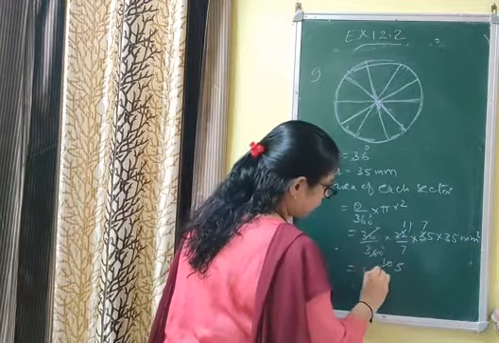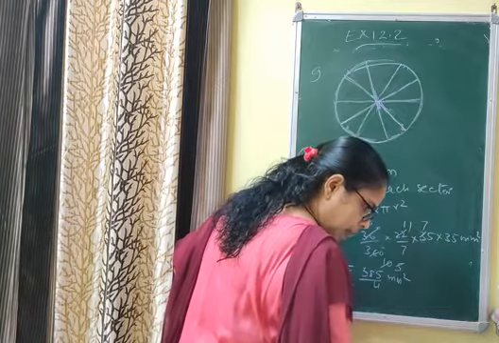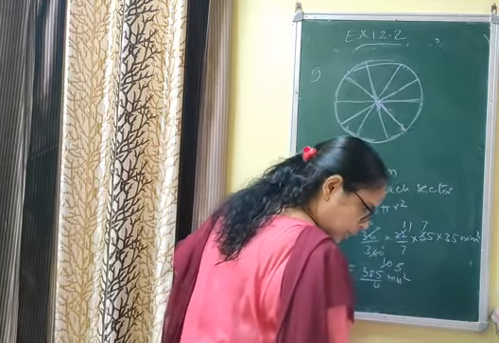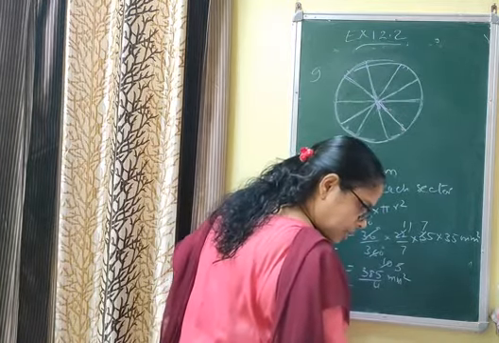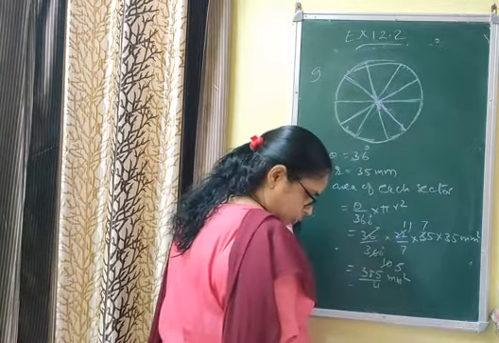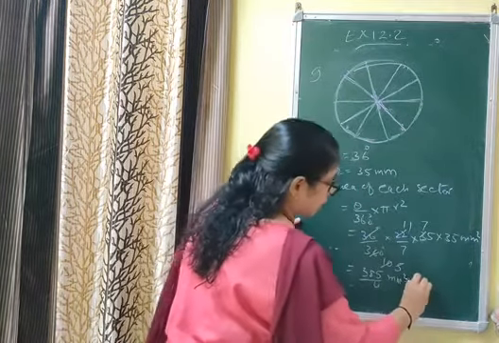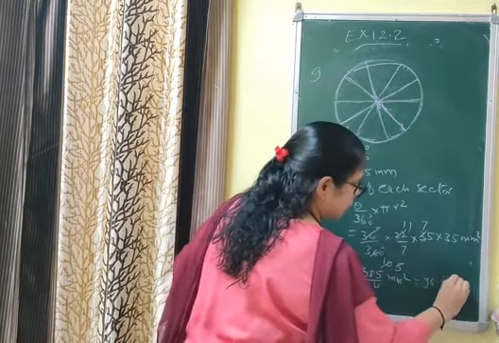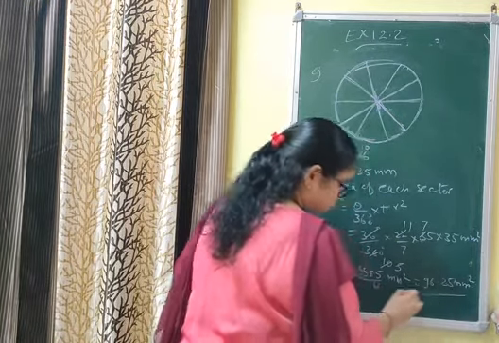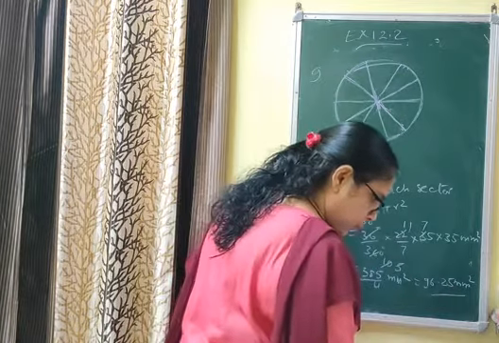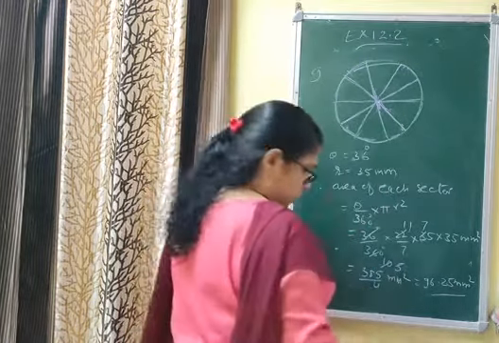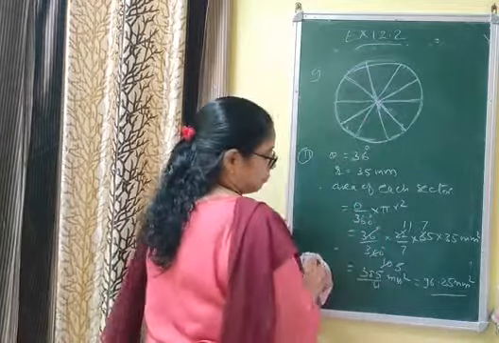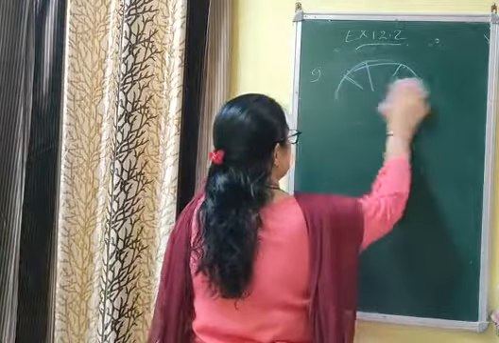This is question number 9. If you change it, you will get 96.25 millimeter square. But in the book it is given as 385 by 4, but you have to change it in decimal point. This is question number 9.